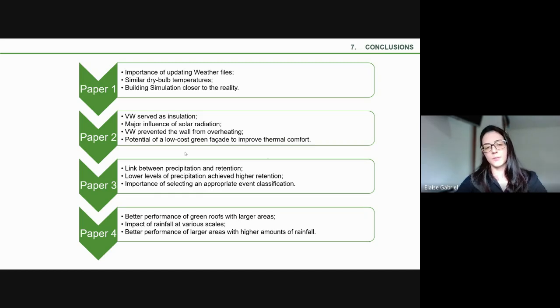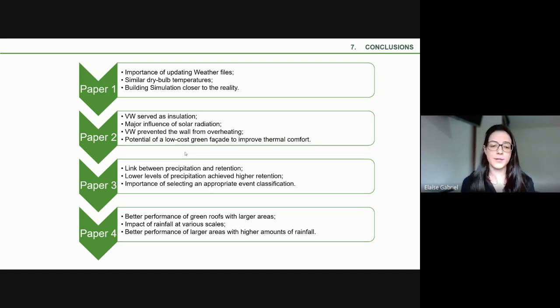In addition, lower levels of precipitation can result in higher retention performance, which indicates that the range of event classification can modify the results. Depending on the classification of events I choose to analyze, the results can change.